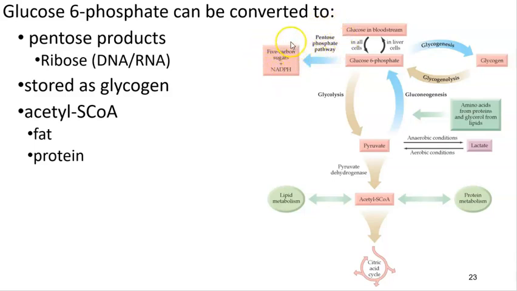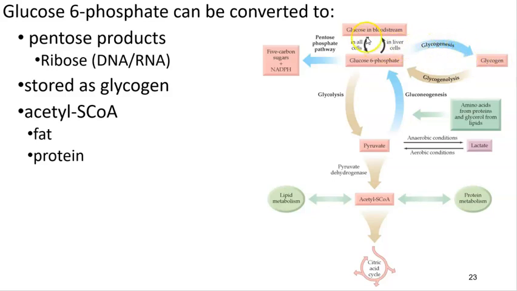It can be 5-carbon sugars that generate NADPH, that reducing coenzyme that we've seen, and can also be utilized for RNA and DNA. That's the sugar backbone we get in those different genetic components of our cells. We can store that glucose 6-phosphate as glycogen, so long polymers of glucose, through a process called glycogenesis.